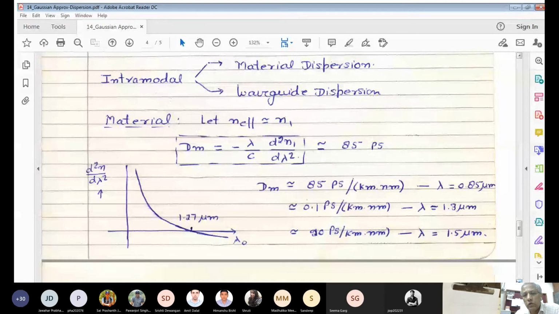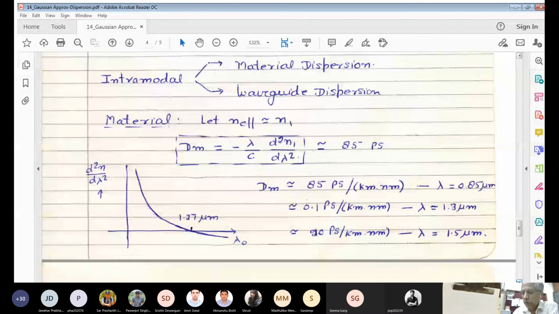I forgot to write down the units correctly, so let me correct it here. This is slide number 44, I think.